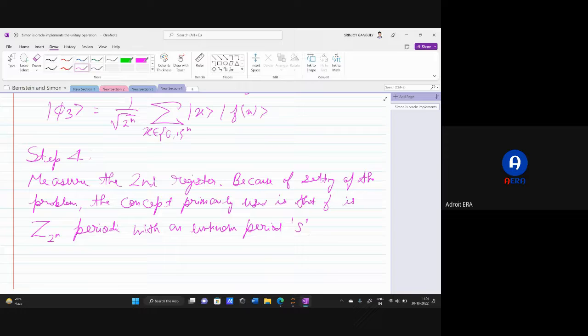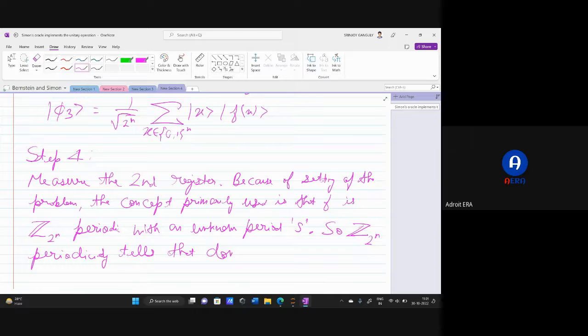Therefore, you can represent it as double-line Z, Z_2^n. Now, periodicity, what does it tell you?